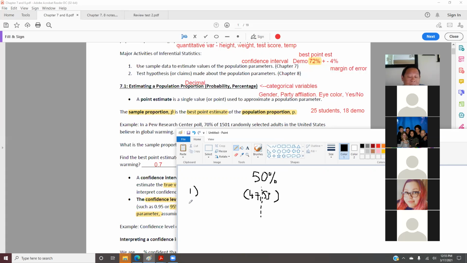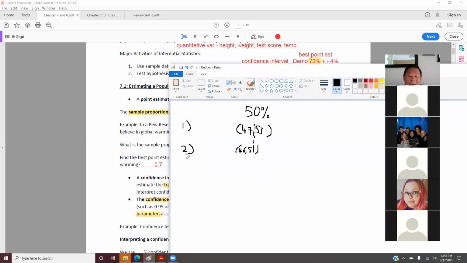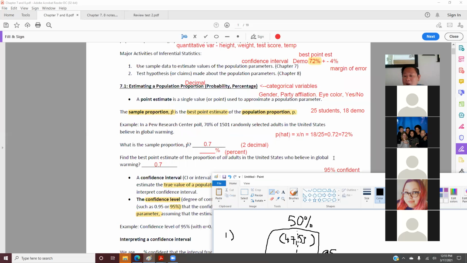Then I go out and collect another sample, and this sample is going to be very close, let's say 46 to 51%. So if I collect 100 of these samples, 95 of them will capture this 50%. And why 95? Because that's a 95% confidence.